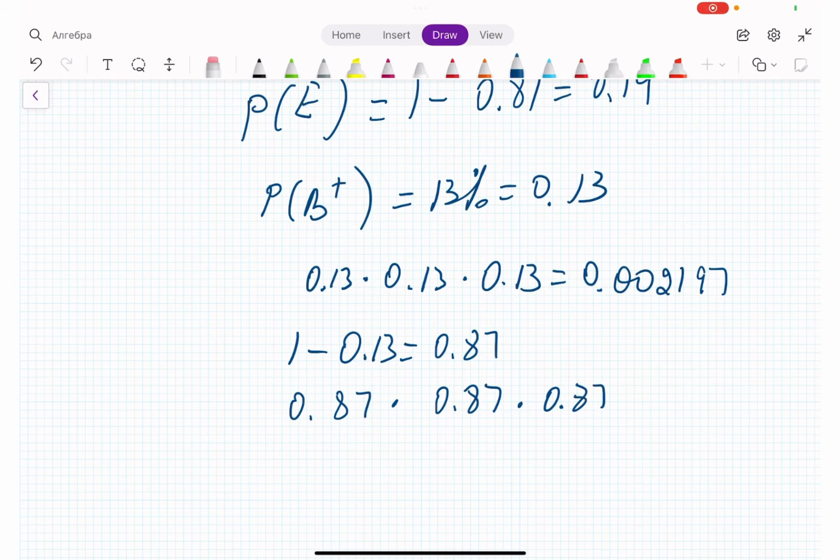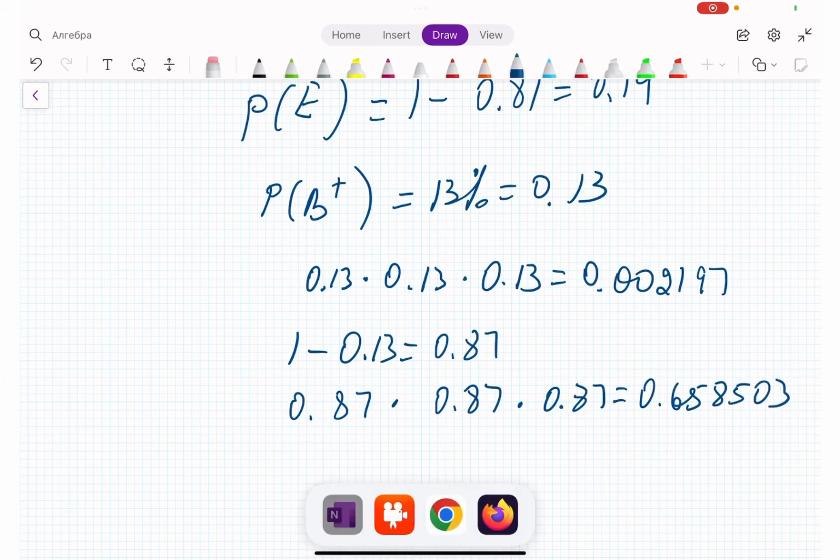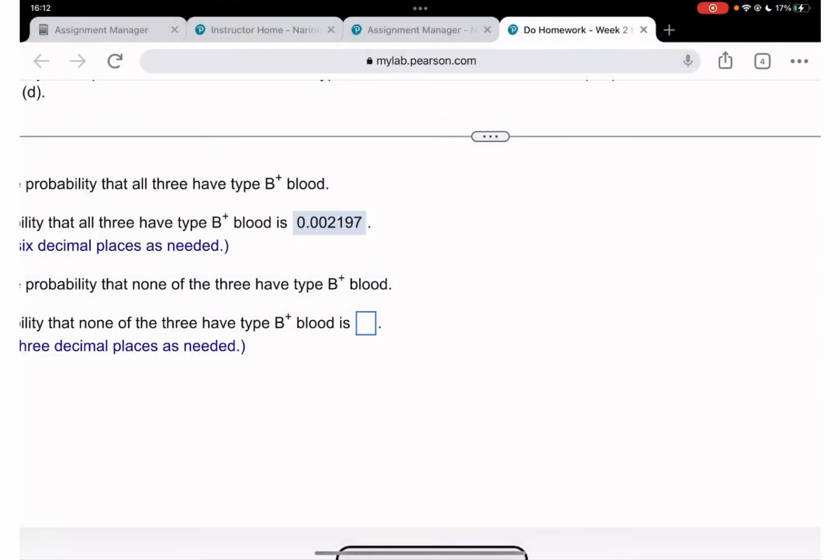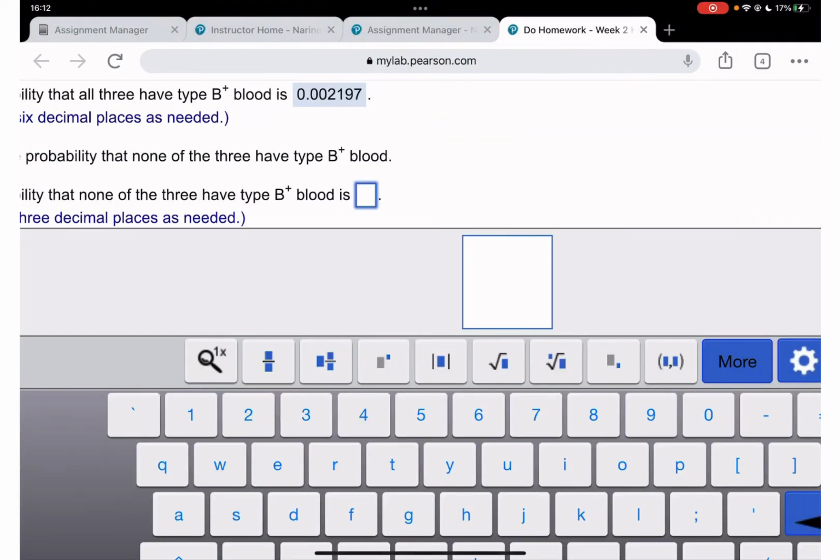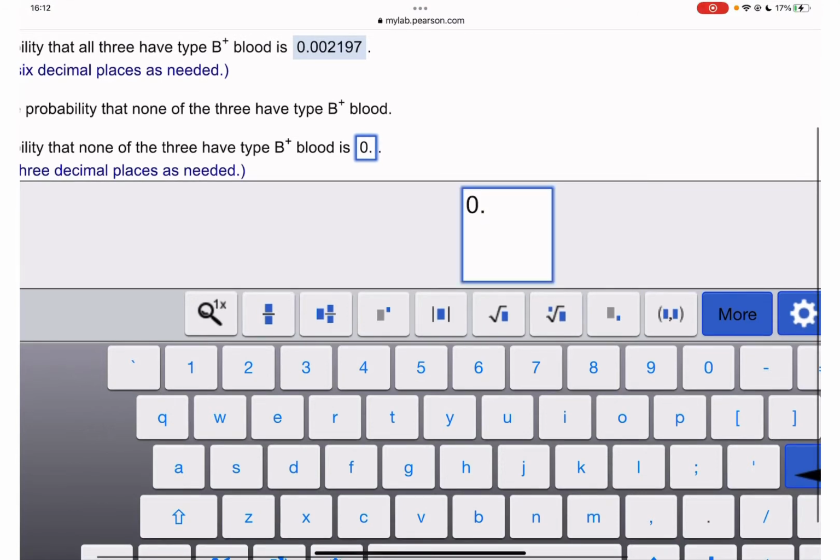So let's multiply 0.87 times 0.87 times 0.87, and we are getting 0.65853.